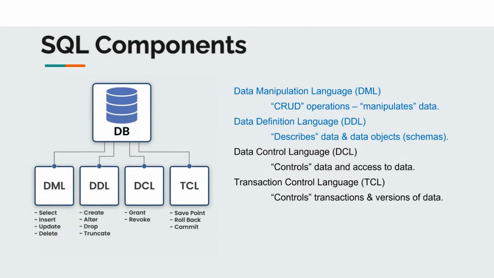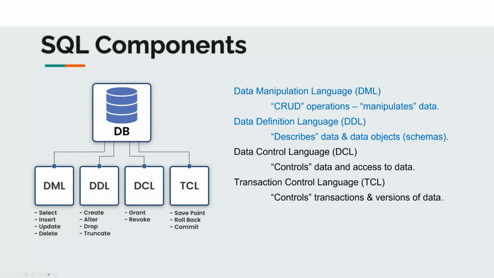You have data definition language. So think of data definition as describing the data and the data objects that store the data. In relational databases, you have those columns, and then you have data types. So you're defining the name of those columns and what data is allowed to go into those. In the data definition language, you are defining those tabular structures that store the data, and you can create those tables.